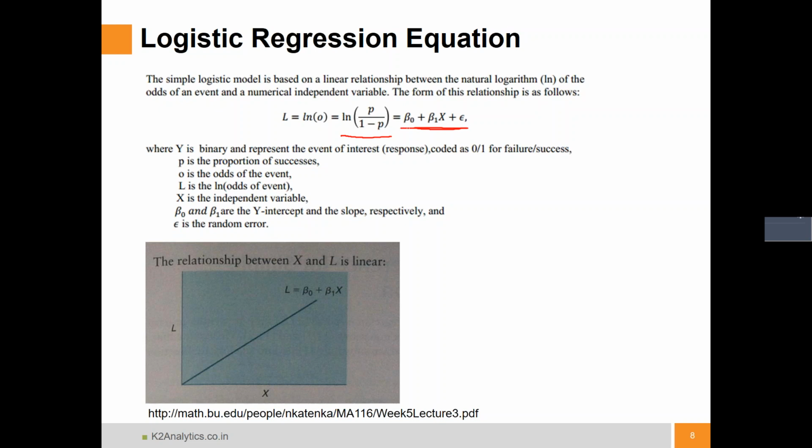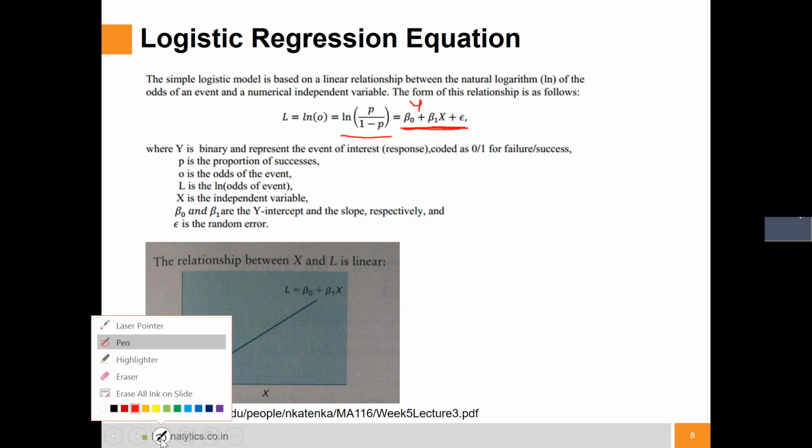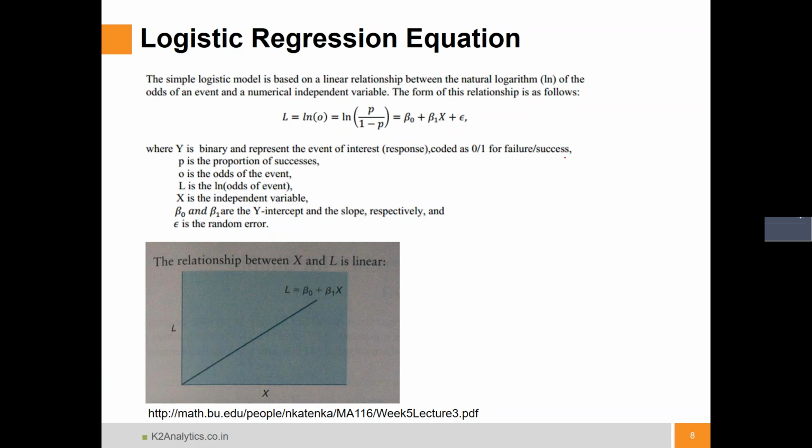This equation is like y is equal to a plus bx. So when I have this equation, if I want to solve this equation, then exponential and log relationship will come into play. That's the reason I wanted to ensure that those concepts are clear. Now before I move into all those things, let me explain logistic regression.